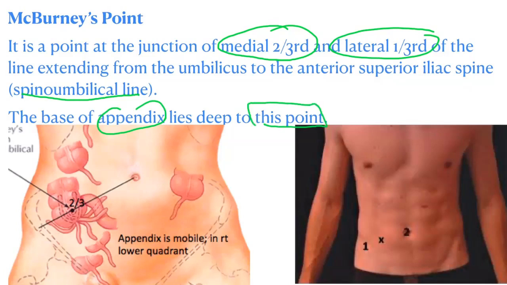So whenever somebody complains of pain around the umbilicus, okay, if the pain is at McBurney's point, it is the pain from an inflamed appendix. Okay, it is called appendicitis. So pain at McBurney's point is appendicitis.